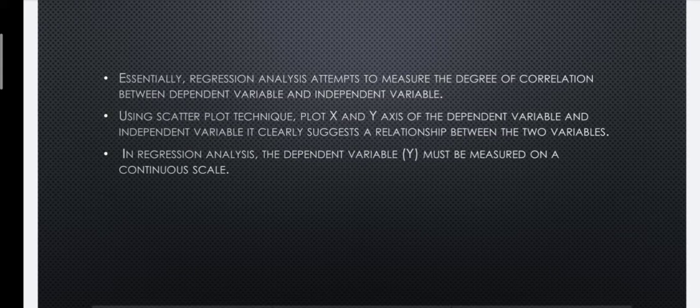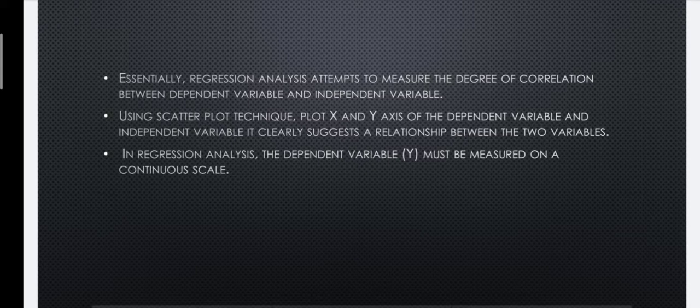And then boleh juga kita gunakan scatter plot technique, which is we plot X and Y axis of the dependent variable and independent variable, and it clearly suggests whether there is a relationship between the two variables.